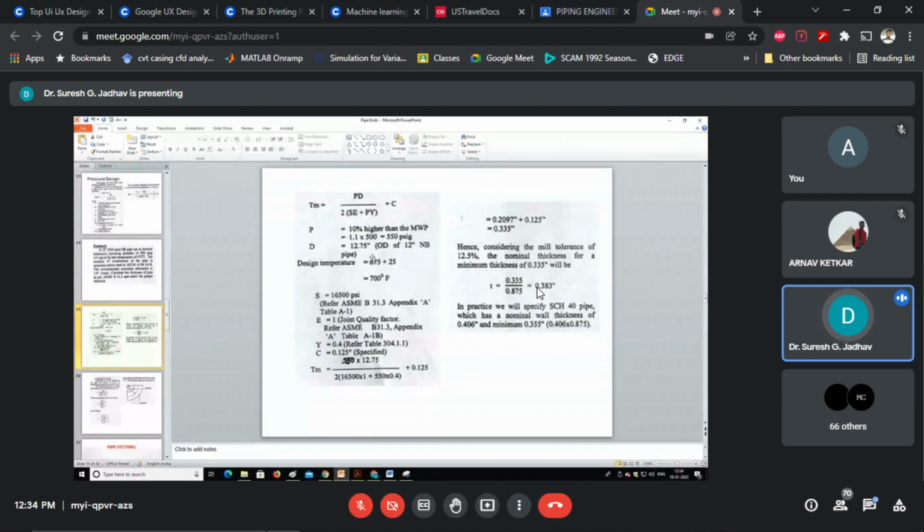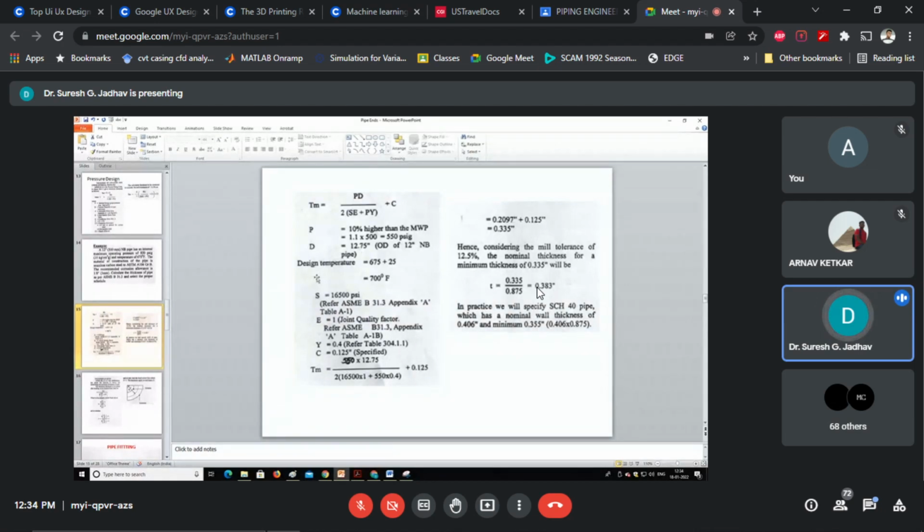Considering 10% higher, you will get 550 psi. The outside diameter of a 12 inch nominal bore pipe for ASME B31.3 standards is 12.75 inch.